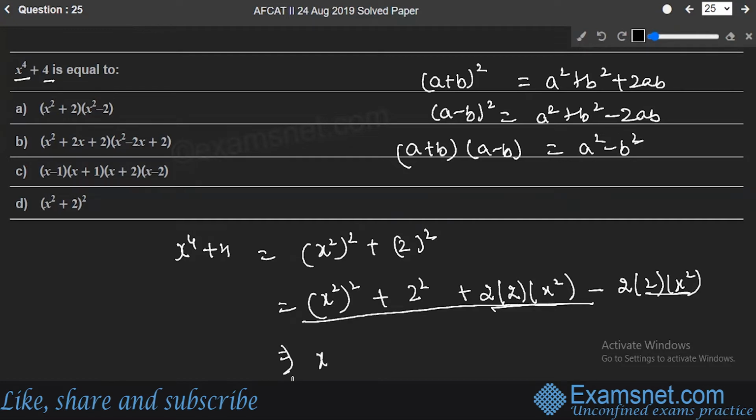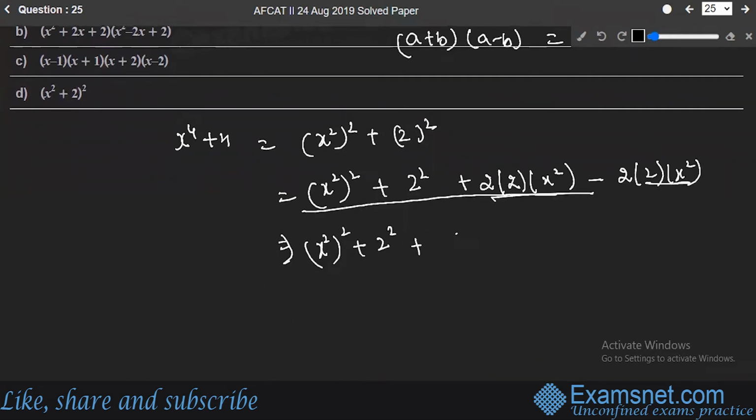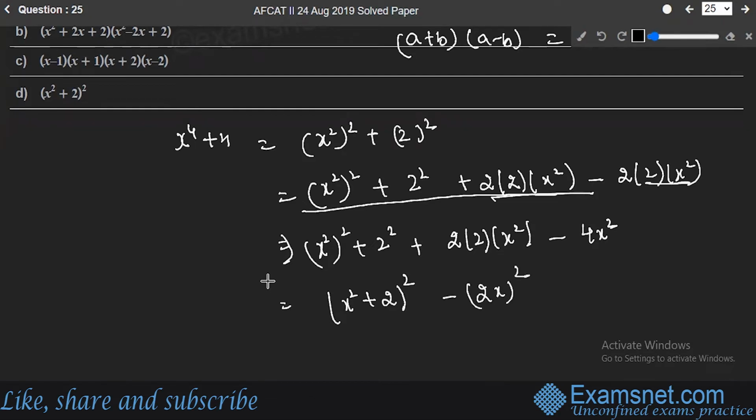Okay, so this is x square plus 2 square plus 2 into 2 into x square minus 4x square. This will be x square plus 2 whole square minus 2x whole square.